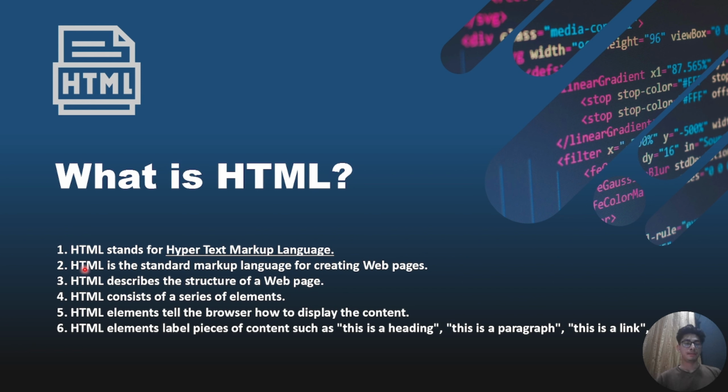So first of all, HTML stands for Hypertext Markup Language. Before going to that, I wanna tell you what a markup language is. A markup language is a language that tells the browser how to represent the text.